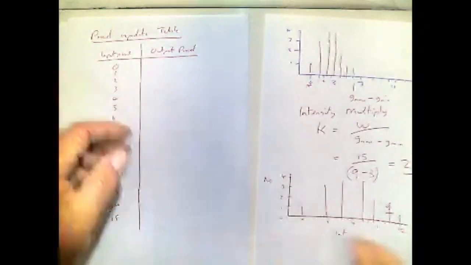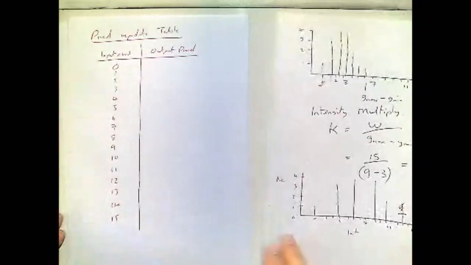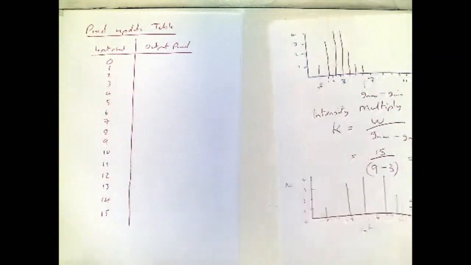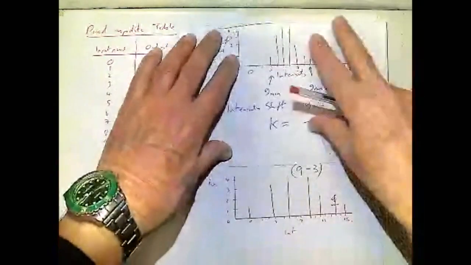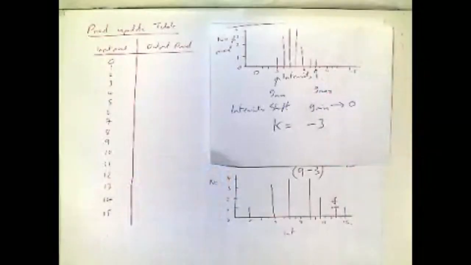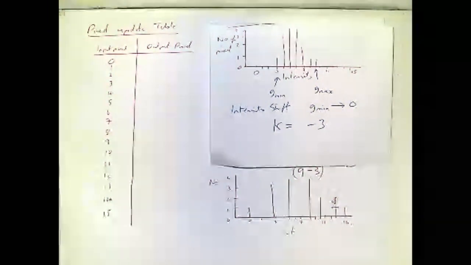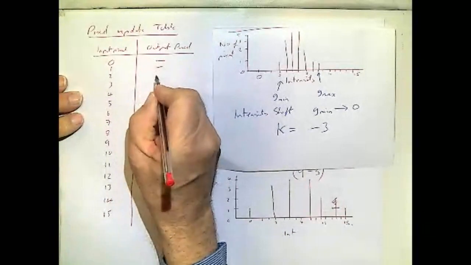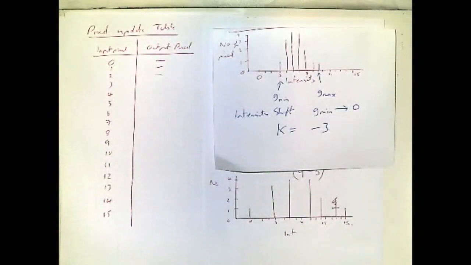Right, the output pixel. We've now got to compare the original histogram with the enhanced histogram. In fact, I can show them all 3 there. That's good. Right. We don't have any pixels below 3, so there will be no update. There will be no update on 0, 1, and 2 because they don't exist in the original image.